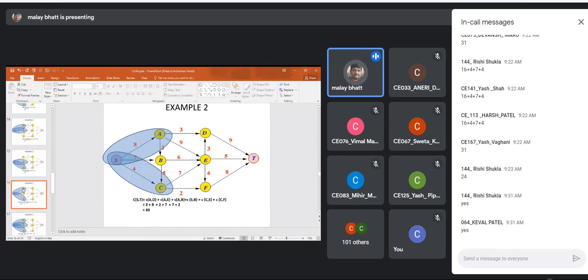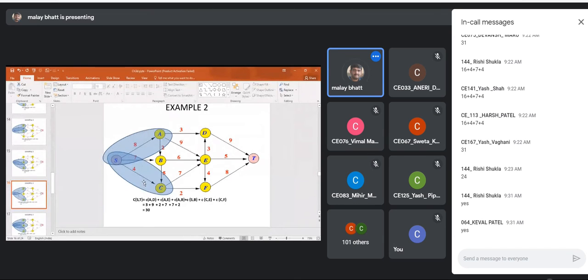And from S to B also we have to consider, because B is not in the cut. So that's why S to B, 7 will also be included.